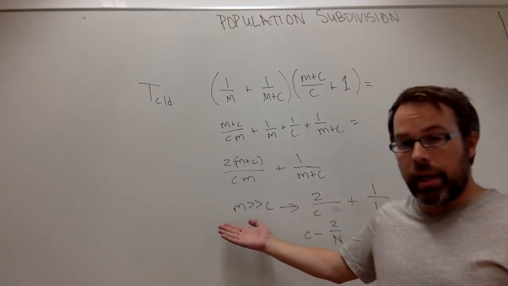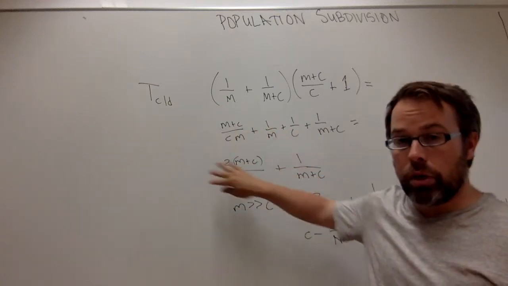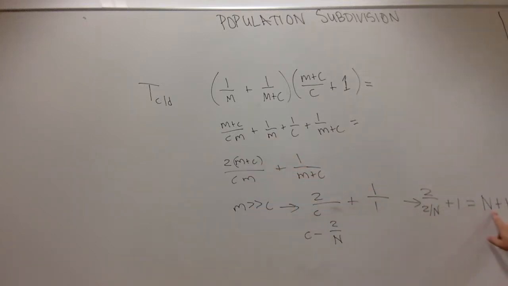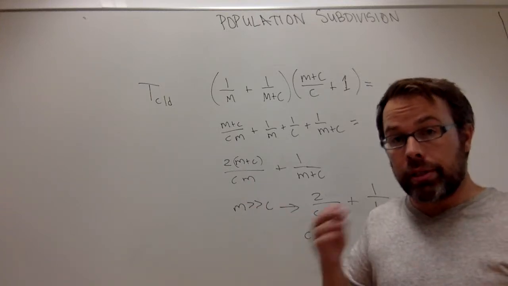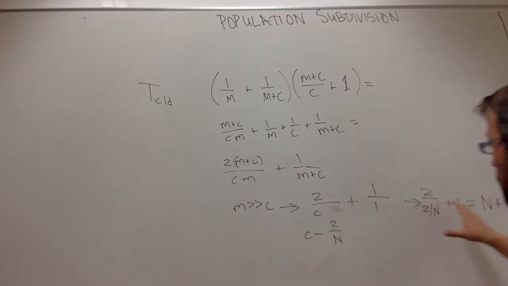So what have we just said? We've said if migration is very high, then this somewhat convoluted expression simplifies to n plus 1. So the time to coalescence is n, which is what's expected if there's no population subdivision, right?